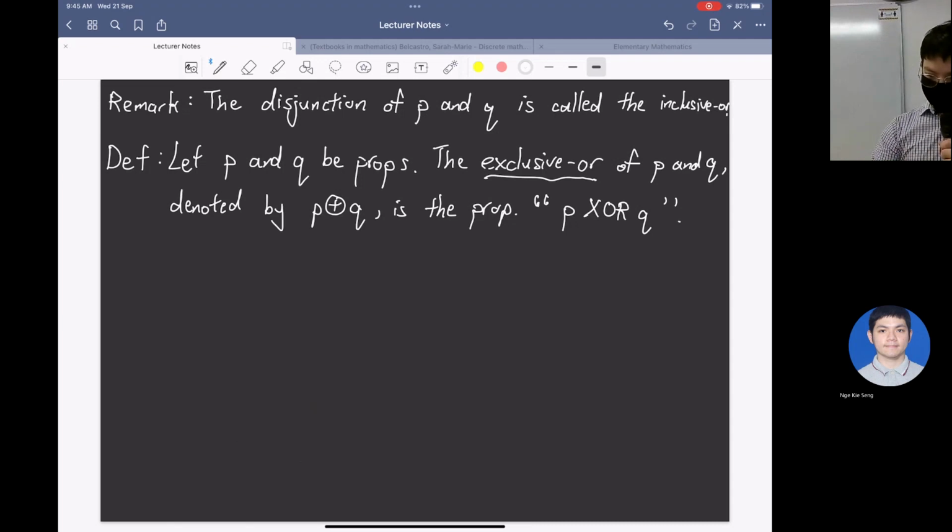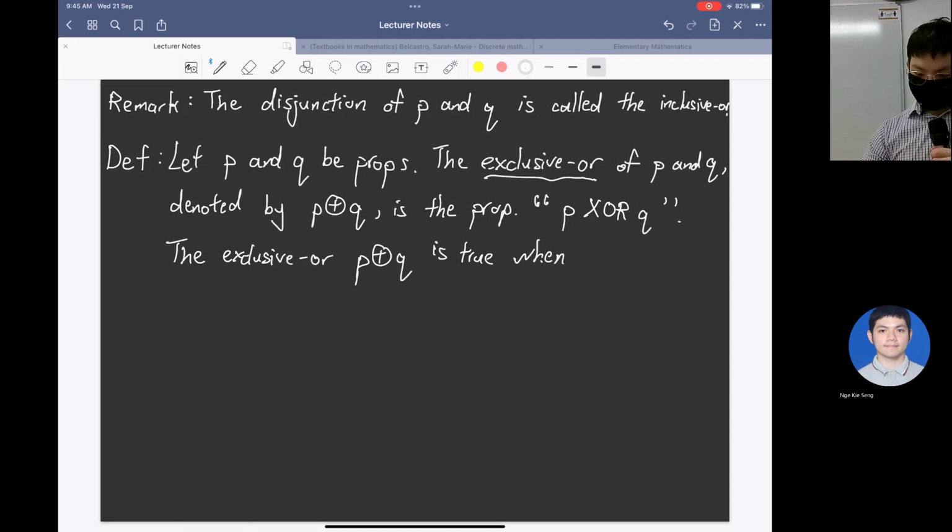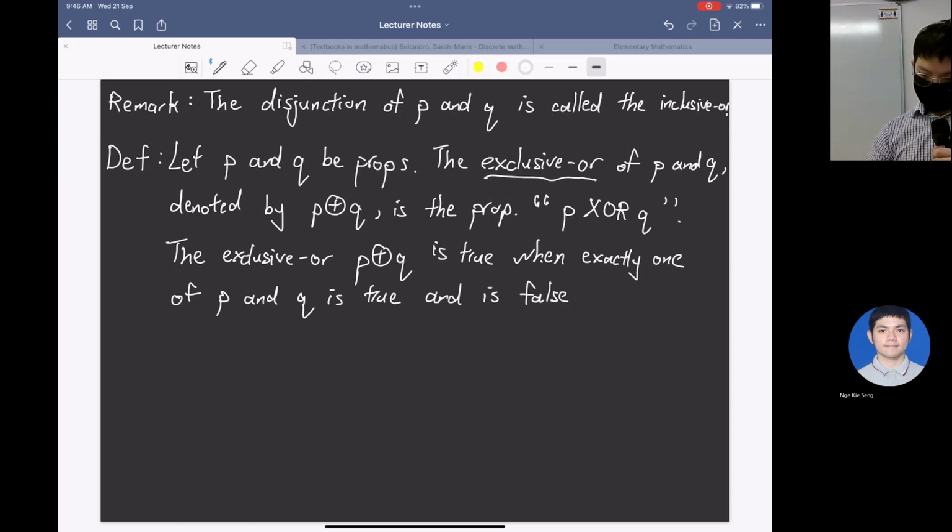So when is it true? The exclusive or, P ⊕ Q, is true when exactly one of them is true. Only one of them can be true, but not both. And it is false otherwise.